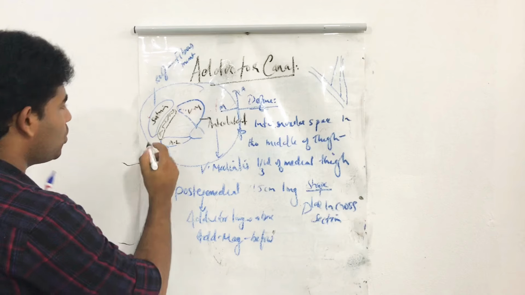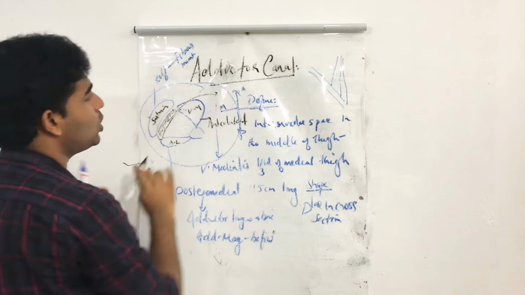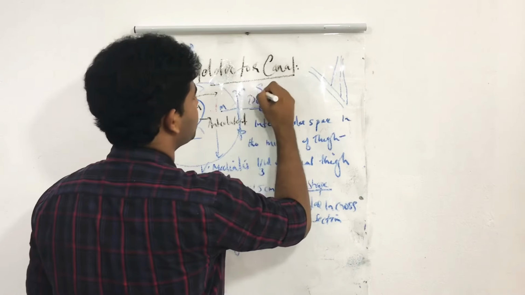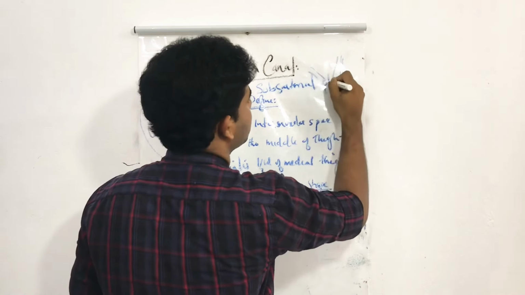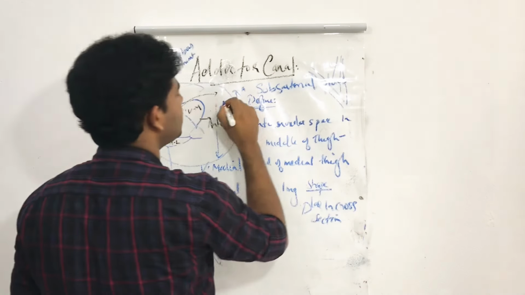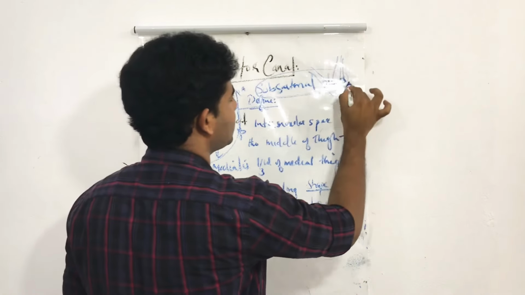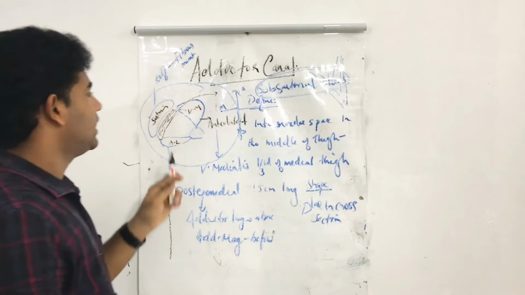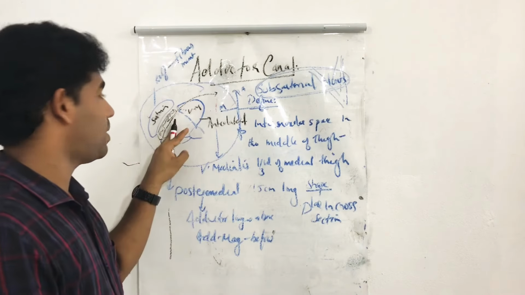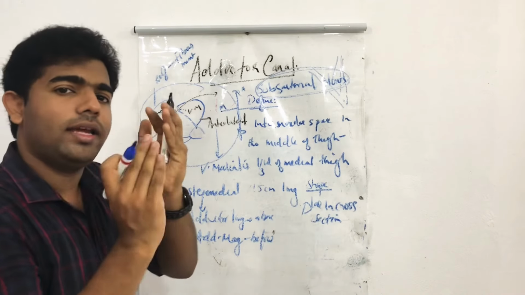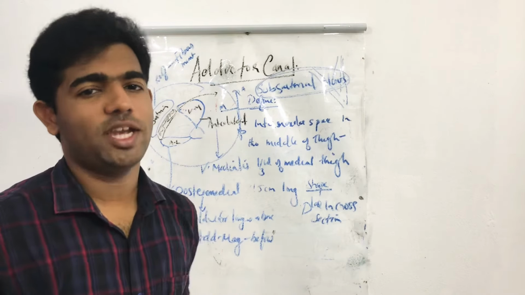Now I drew here something like this. This is actually known by the name subsartorial plexus. These are plexus of nerves which are seen in that fibrous membrane. They will be interlinked in the fibrous membrane, seen like a mesh network inside it.